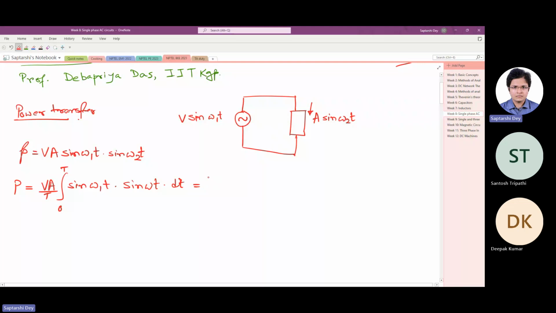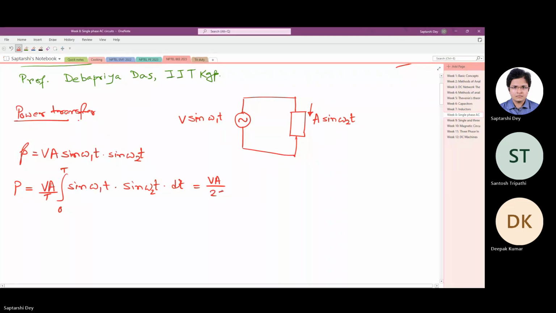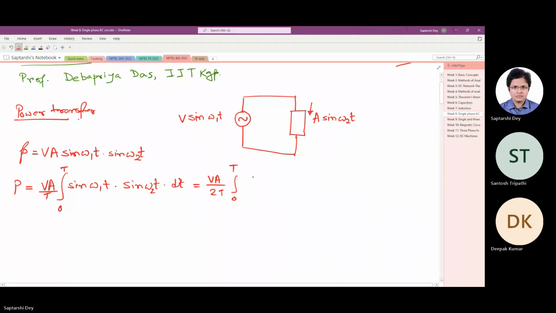Now, if you do this, can you quickly tell me what is the formula for 2 sin A sin B? It is not the addition, it is a subtraction.